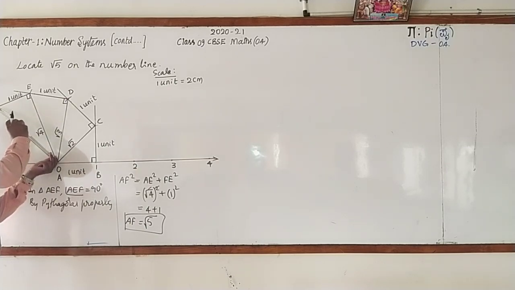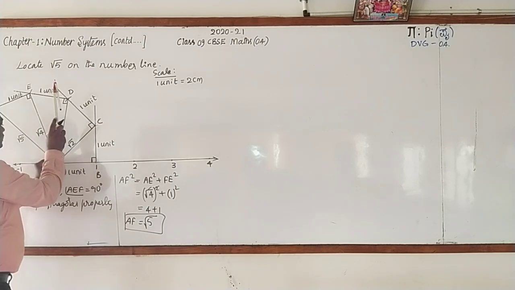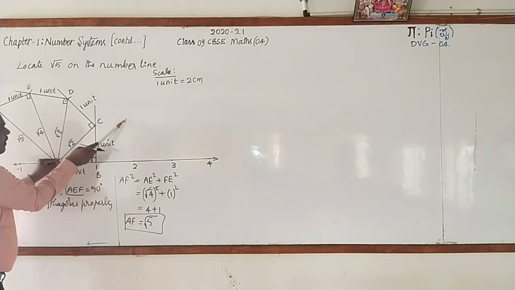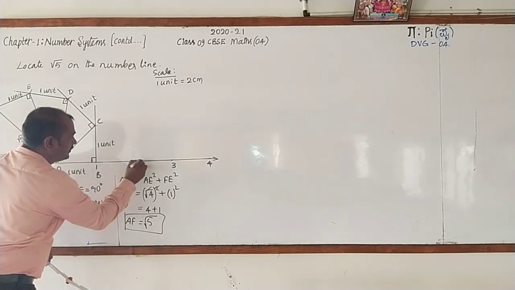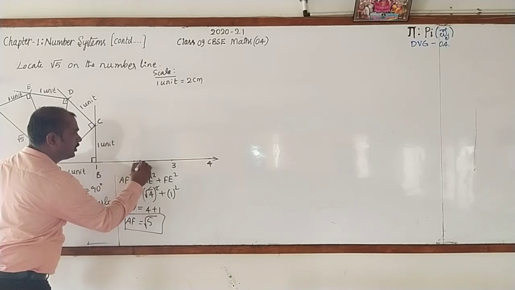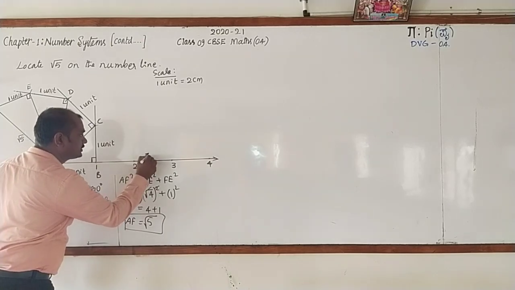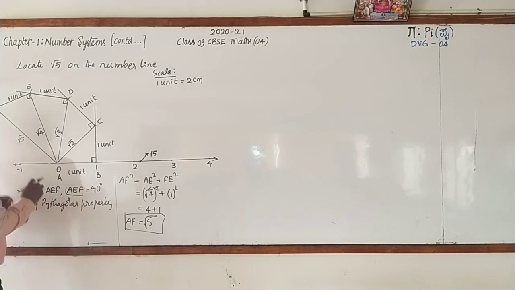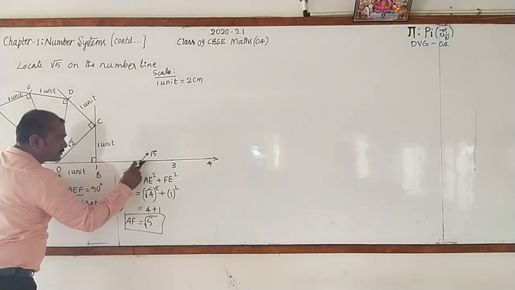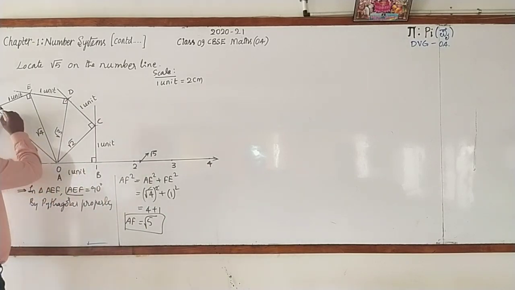Then draw an arc, and it cuts the number line at a point. I call this point root 5 because the length of AF and the length from A to this point is equal. So I just go for drawing the arc.